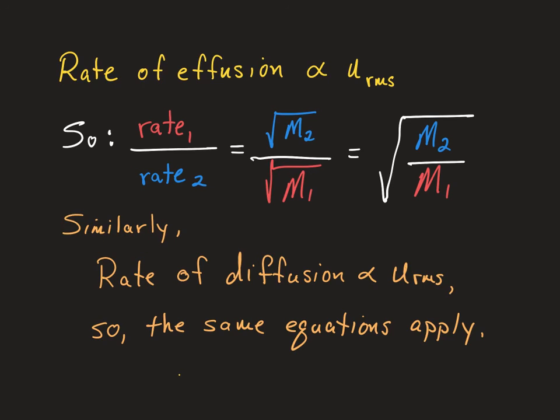Similarly, rates of diffusion are also proportional to the root mean squared velocity, and so for diffusion, the same equations apply. The equations that Graham determined for effusion, that is gases leaking out of a container, also apply to gases diffusing and traversing across a distance.